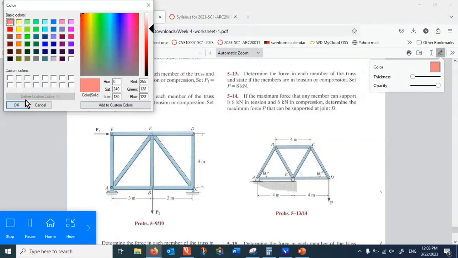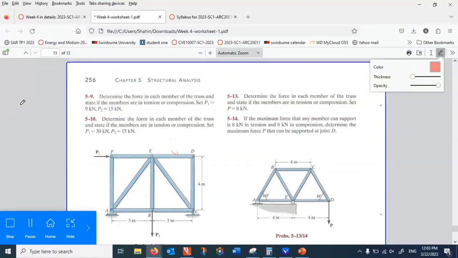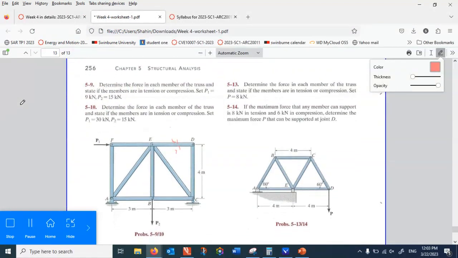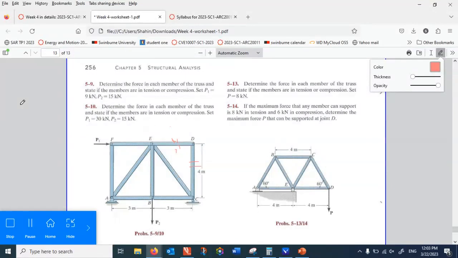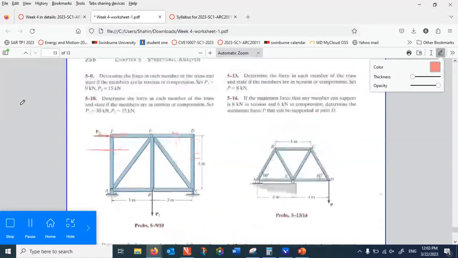Okay, so this one is zero, that is zero. And then you can start method of joint around this one.